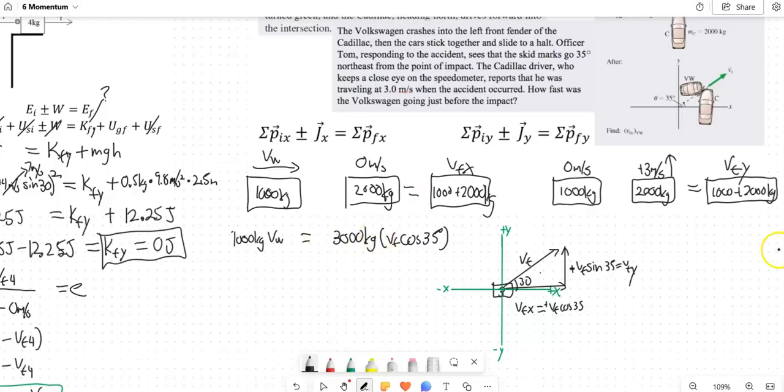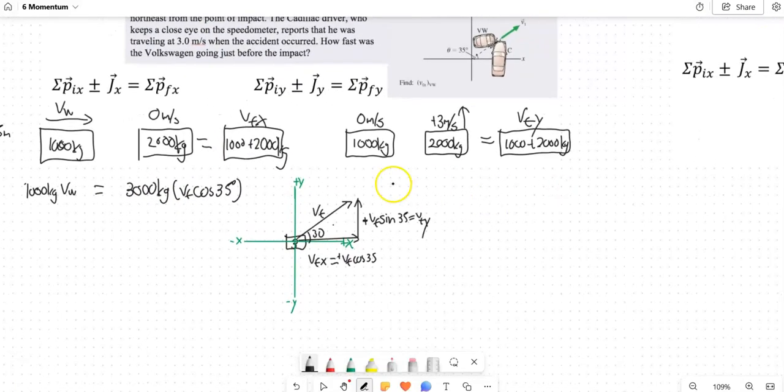Now over here in the y direction side, this is going to be 0, so this is going to be positive 6,000, 3 times 2,000 kilogram meters per second upwards, and that's going to be equal to 3,000 v final y, which is v final sine of 35 degrees.